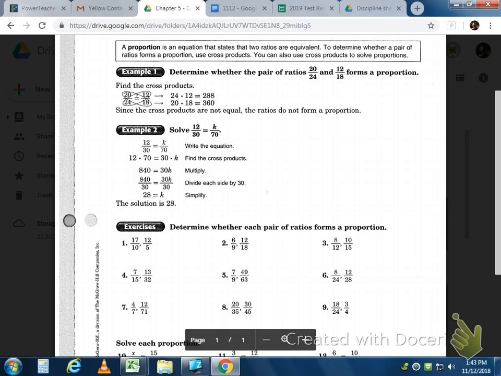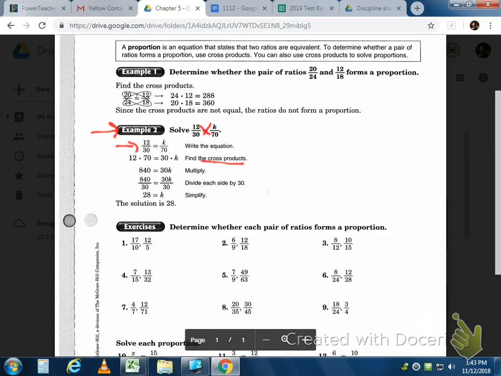So, example 2, it says 12 over 30 equals k over 70. So if we're doing this, you have the equation written down and then use the cross product. So I always say cross, cross, and you'd write 12 times 70 equals 30 times k. Now we know for sure it is equal because it is a proportion.